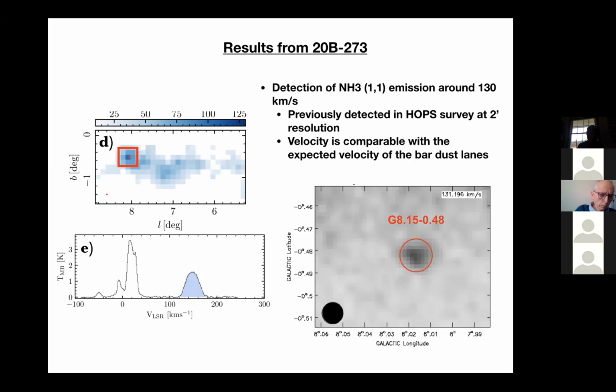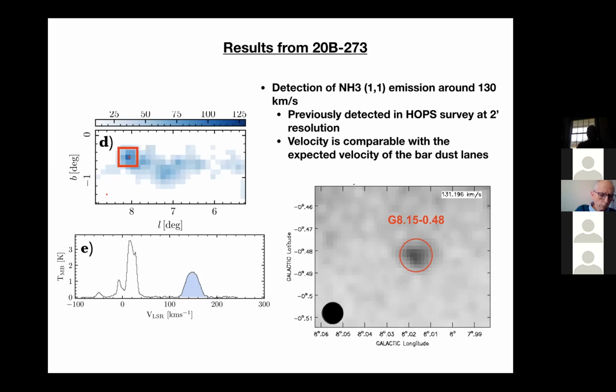So the cloud shown here was previously detected in the HOPS survey at about 2 arcminute resolution. So it's a good consistency check to make sure that we are seeing ammonia 1,1 gas that was detected in previous studies, but at better angular resolution.